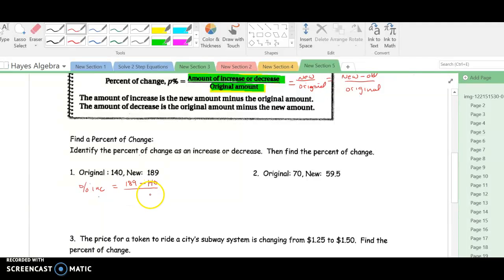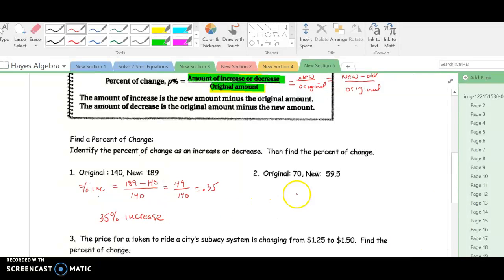And we're going to take that and divide it by the original amount of 140. So you should know that gives you 49 over 140, right? And that would give you 0.35. But remember, that's a percent as a decimal, so we're going to say it's a 35% increase.